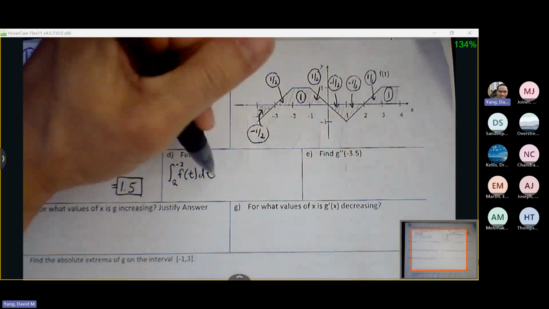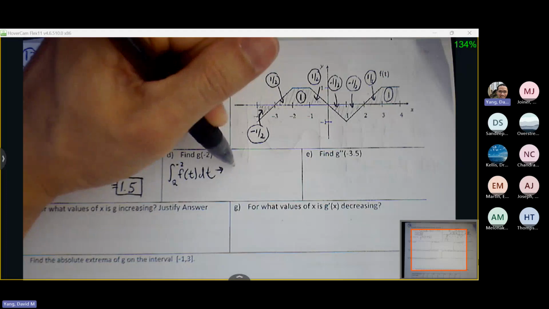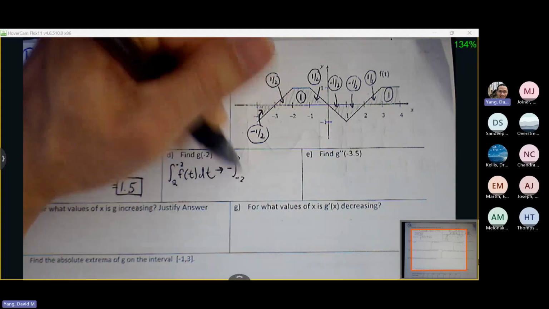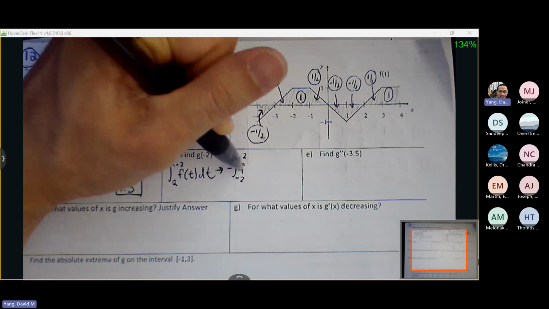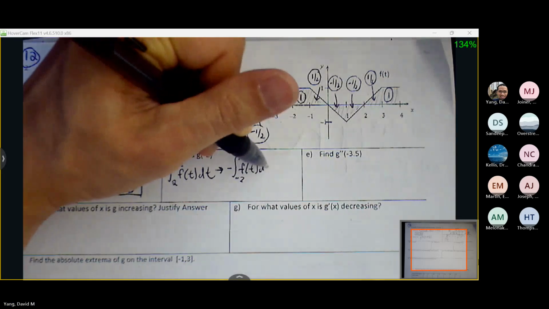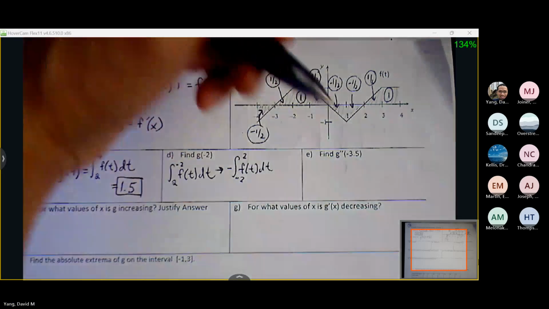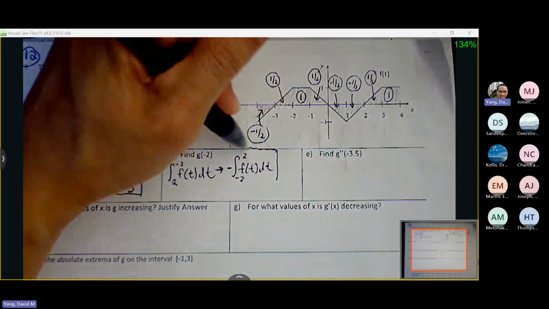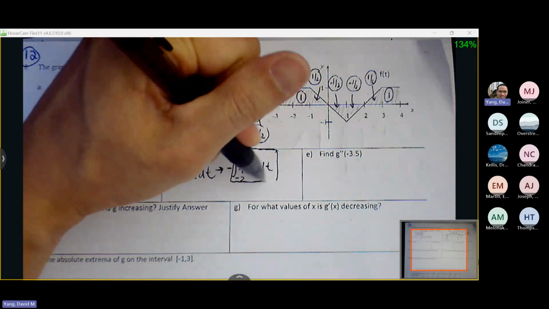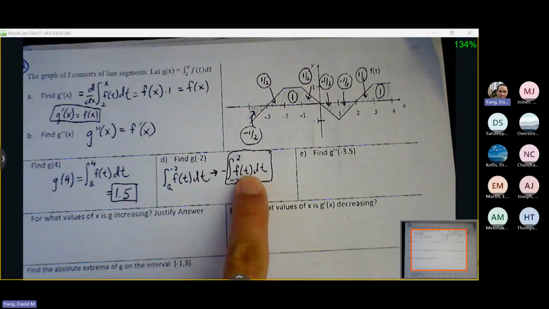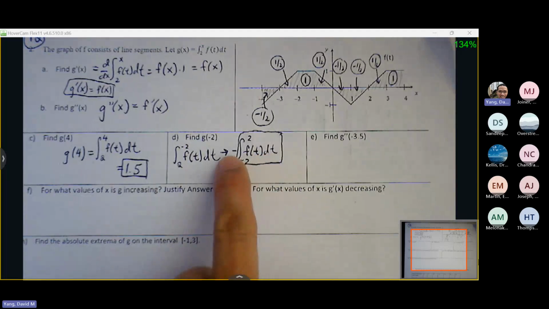But I'm going to rewrite the bounds from smaller to larger and then pulling the negative out in front. I'm going to focus on gathering the value in that region, and then whatever number I sum up to, I can just change the sign at the end.